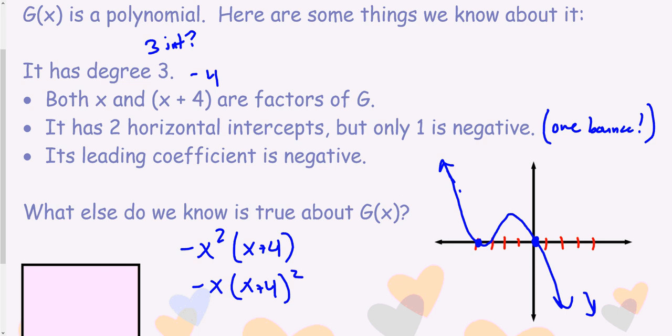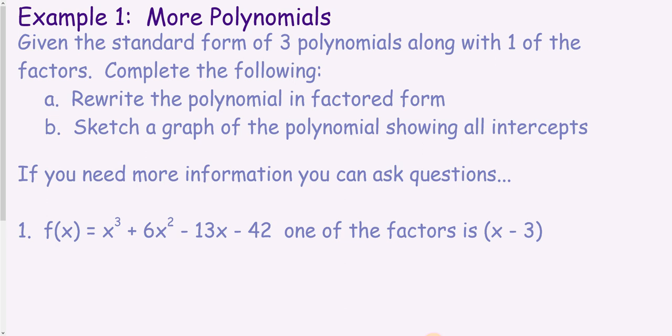Okay, so now let's use the algebra piece of it and put all this together. We're going to look at three polynomials, and we'll work them all out. Plus I have a little bonus question at the end. As I said before, in order to start the process, we have to know one of the factors.